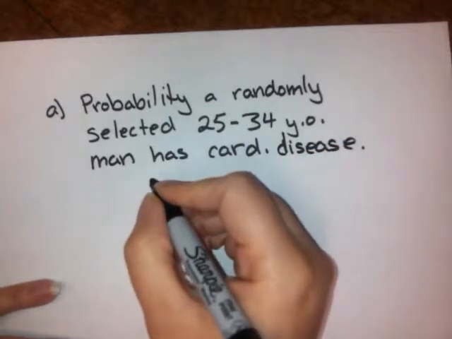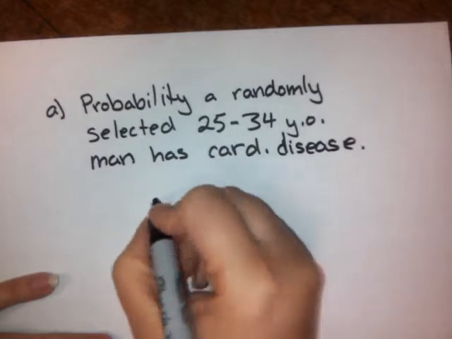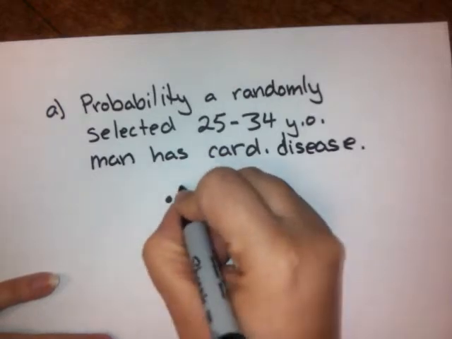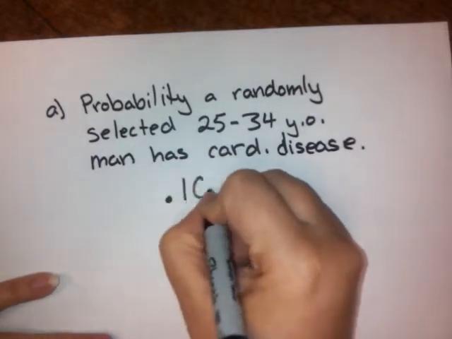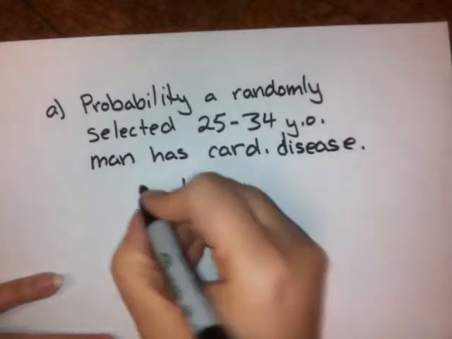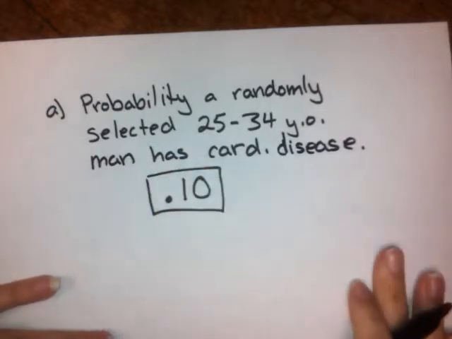We said that was from that chart that we looked at right there, that graph, it said that it was 0.10 because it was right in the middle of 0 and 0.2.